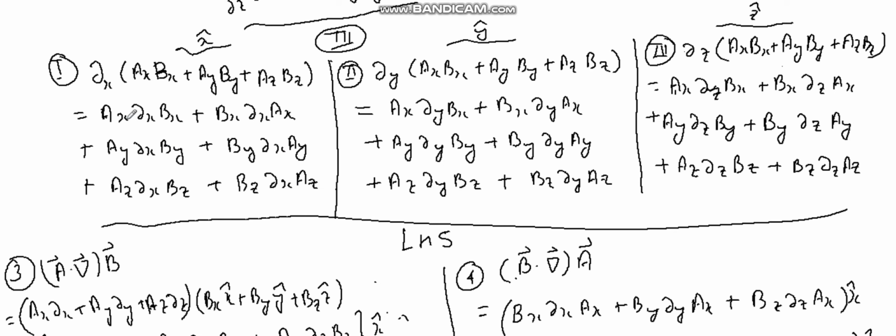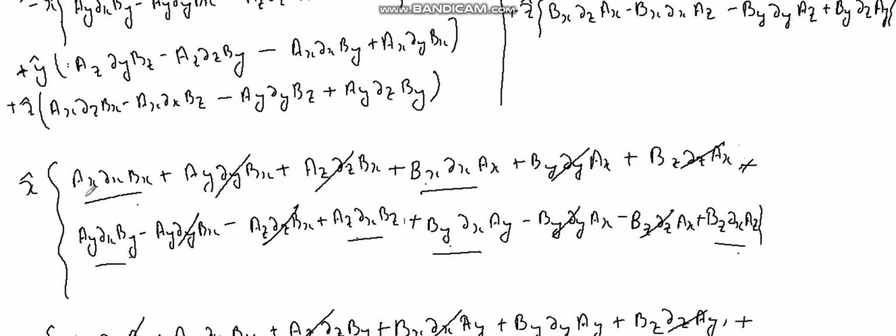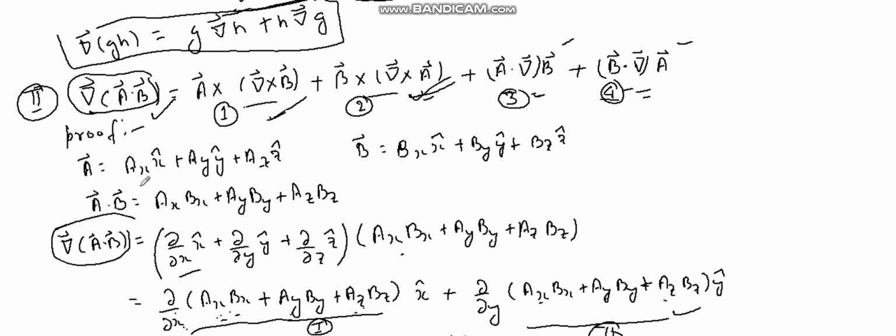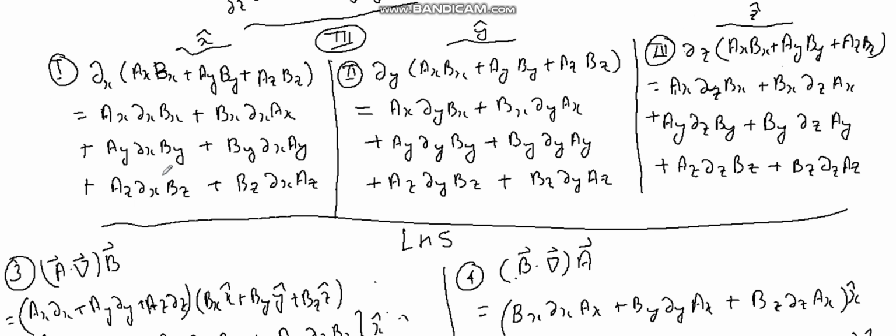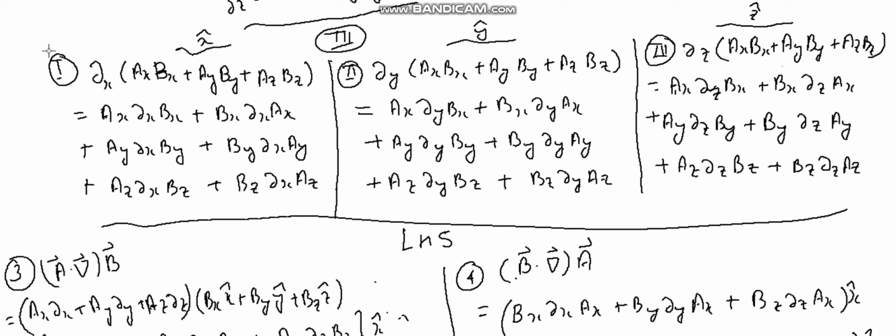So we have ax del x bx, so there should be some ax del x bx. Right? We will have this. Okay, let me just copy it. I will copy it and put it near our final result so that we can compare it.